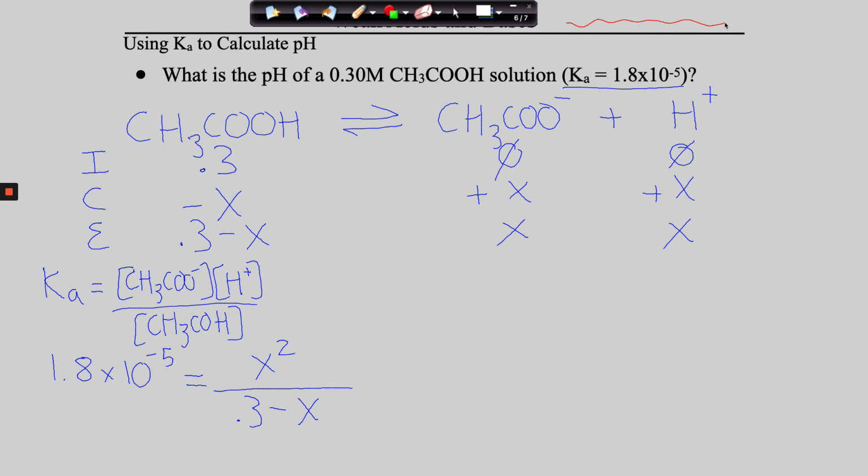What information would we need to know the extent to which this breaks apart? The Ka value. And you'll notice that we've got that Ka value. What does it tell us that the value is on the order of 10 to the negative fifth? Does it break apart very much?